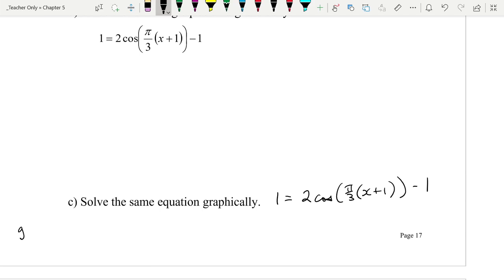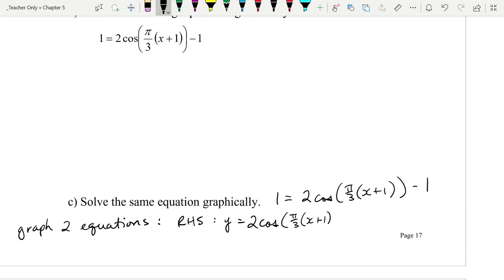So graph 2 equations. And I graphed the right-hand side: y equals 2 cosine of pi by 3 times x plus 1 minus 1. Now I'm going to graph the left-hand side too. The left-hand side will just be y equals 1.